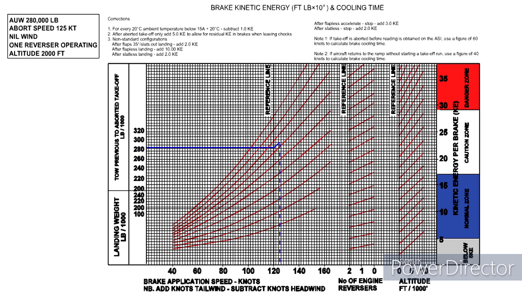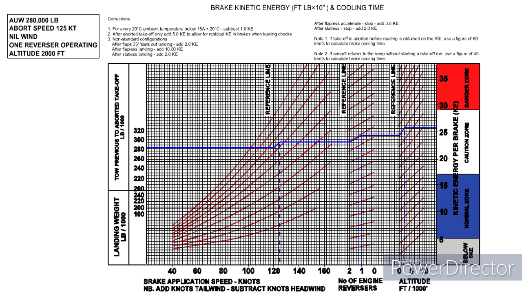We move across to the reference line, then up the guidelines until the 125 knot line is intercepted. We then move across to the reverser's reference line and up to intercept the 1 reverser operating point. We now move across to the altitude reference line, then up to intercept the 2,000 feet point.